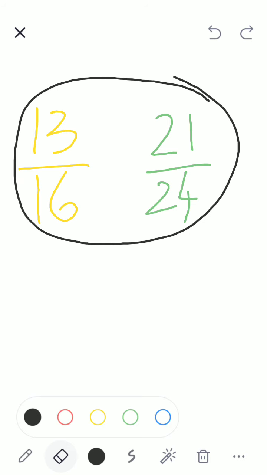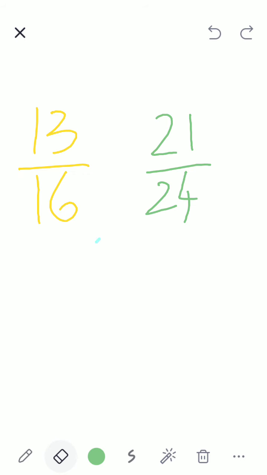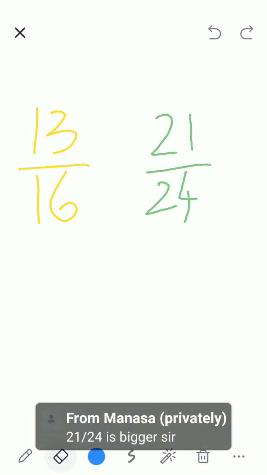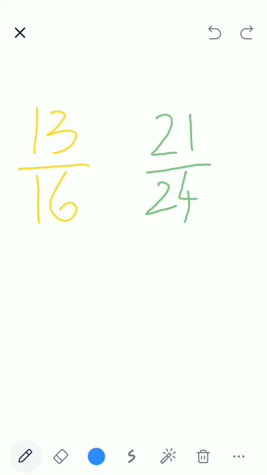16 by 24 for children who have finished. Okay, children, let's finish this fast. We are running out of time. So very quickly, tell me, Preeti. Preeti? Yeah, Mansa, correct. Preeti?